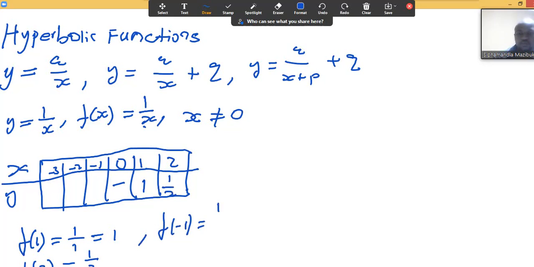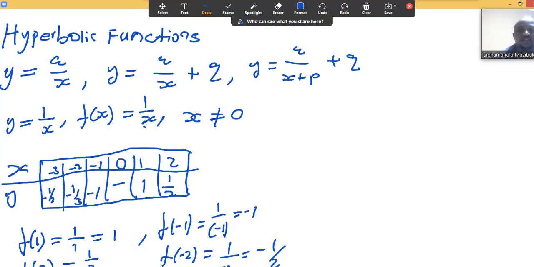This will be nothing but 1 all over minus 1, and this gives us minus 1. Let's look at f of minus 2. We have 1 all over minus 2. This is the same as minus half.